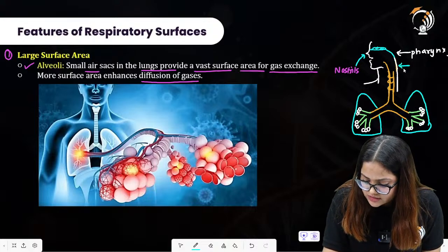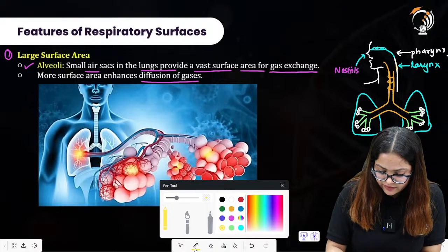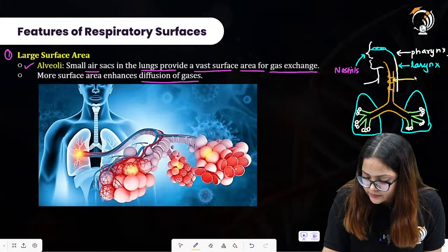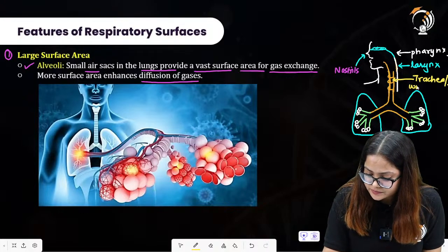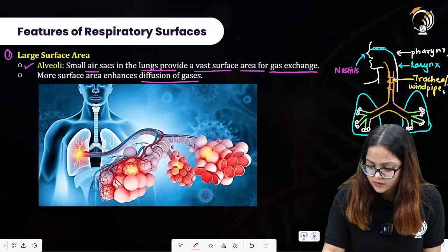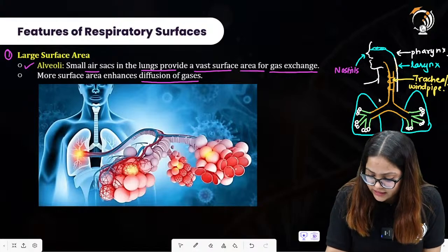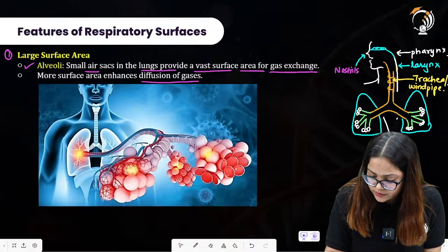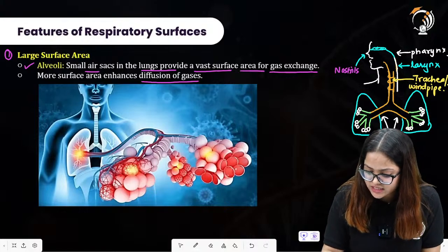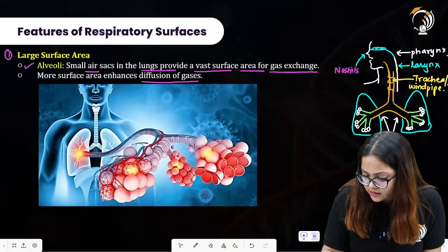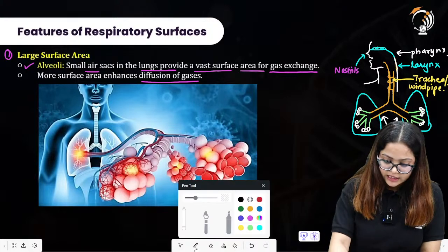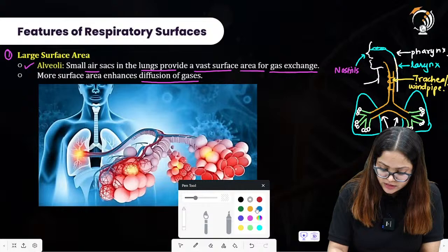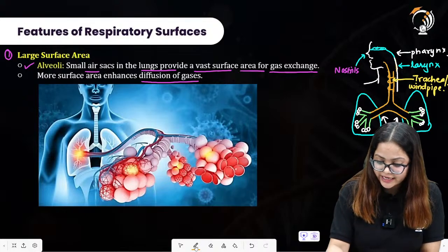This region here is the larynx, and here we have the trachea or the windpipe. Understood? Now we have these two pipe-like structures. What are these? These are bronchi. Bronchi is actually a plural term. These bronchi are further going to divide into several bronchioles inside each lung.